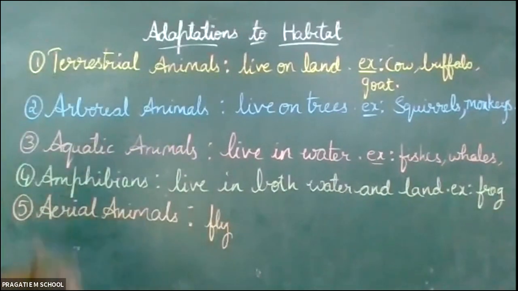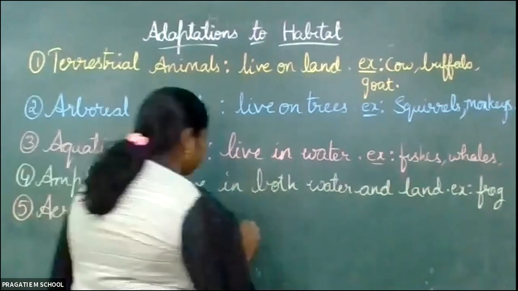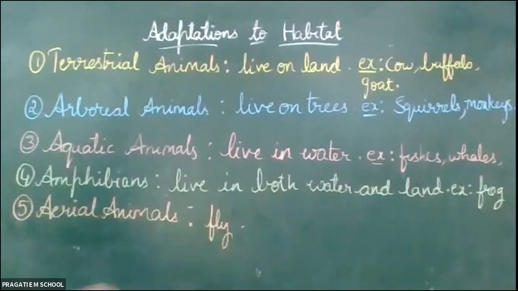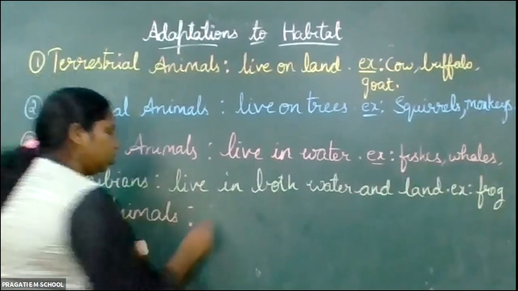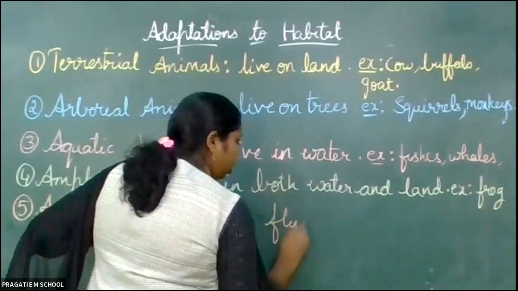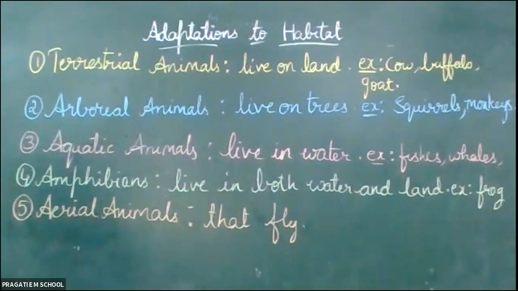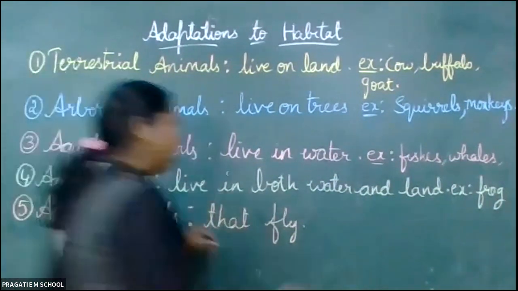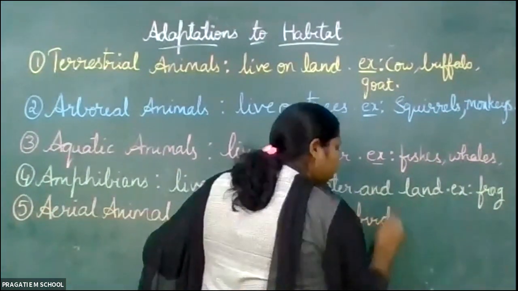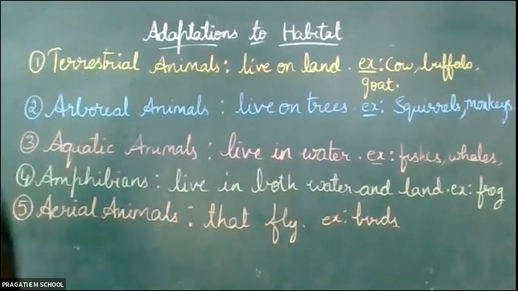The animals which fly, we will call aerial animals. Okay, children. What are the examples? Birds. Birds all will fly. Birds are the examples for the aerial animals.